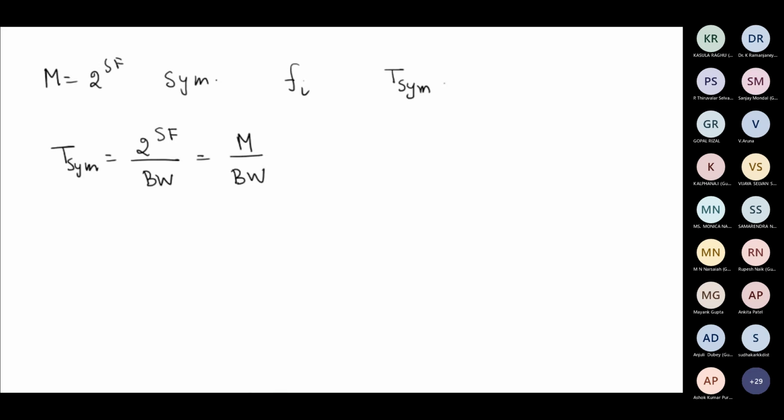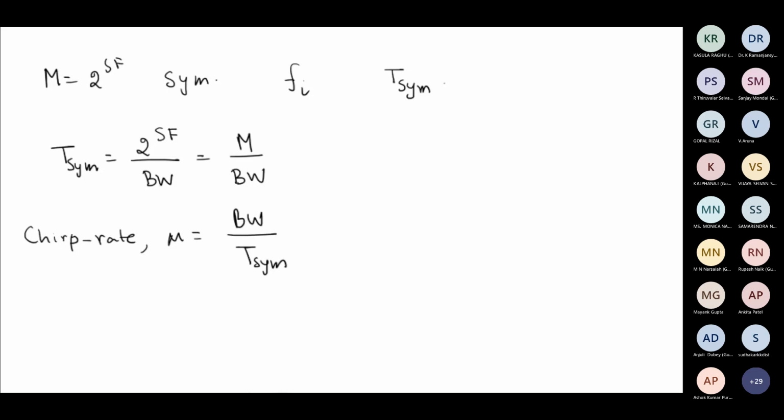So there is another term known as chirp rate associated with CSS modulation. The chirp rate is given by mu is equal to bandwidth divided by Tsym.